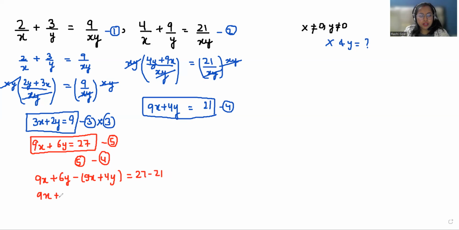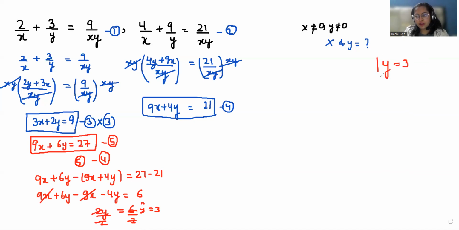So 9x plus 6y minus 9x minus 4y is equal to 27 minus 21, which is 6. And here plus 9x eliminates minus 9x, and 6y minus 4y is 2y, which is equal to 6. I'm going to divide both sides by 2. So the value of y is 3. So y is equal to 3.